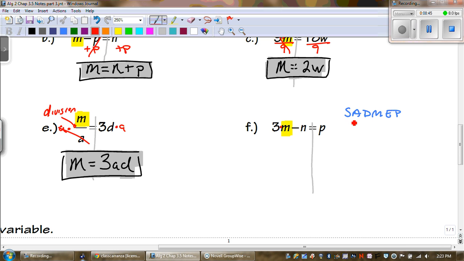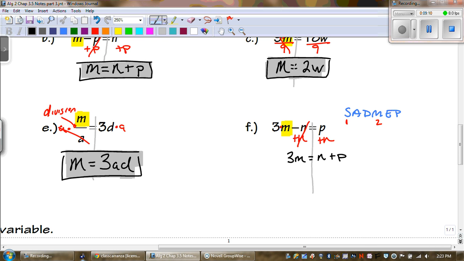So when we're following SADMAP, we need to do subtraction first and then multiplication second. Okay, so we have to add the n to the other side, and we get 3m equals n plus p.